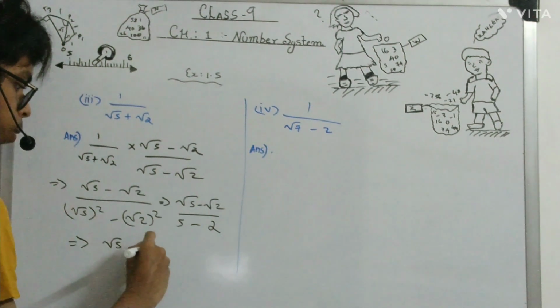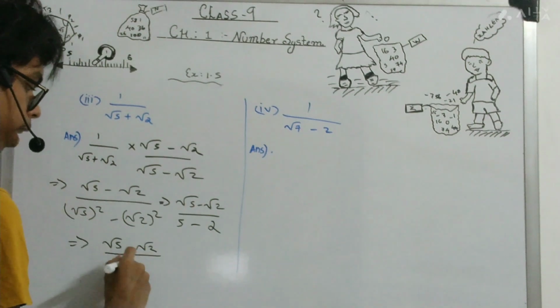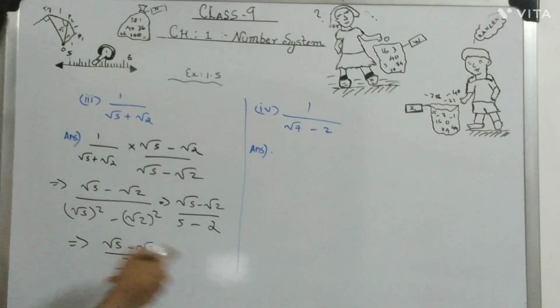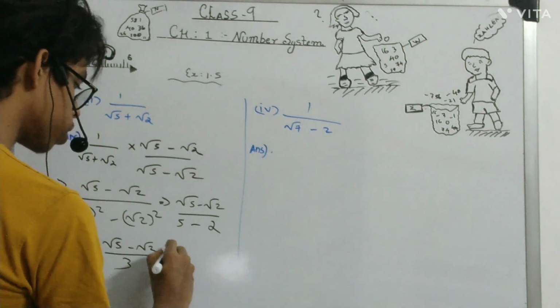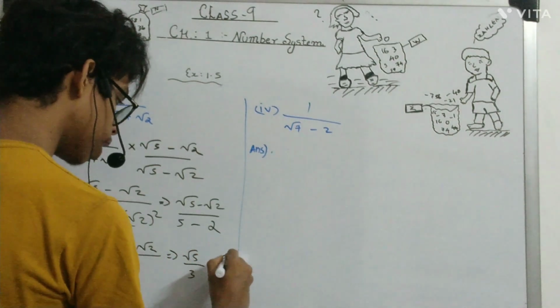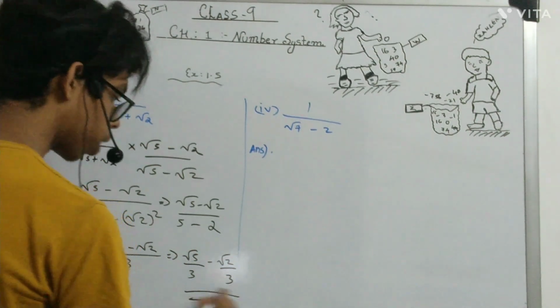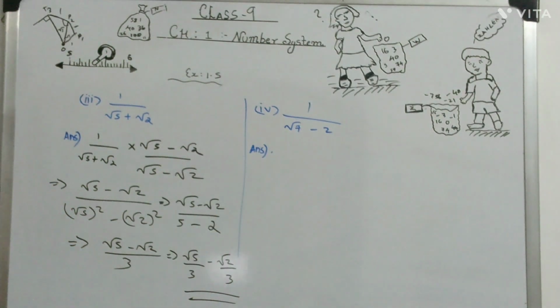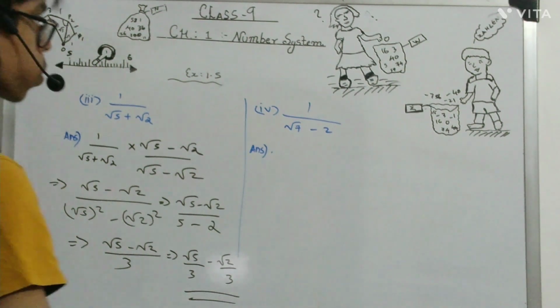So we will get our final answer as root 5 minus root 2 divided by 3. Okay, if you want, you can also split it and write it as root 5 by 3 minus root 2 by 3. Either way you can write. So this is your final answer, that is root 5 by 3 minus root 2 by 3. Okay, I hope I am clear.